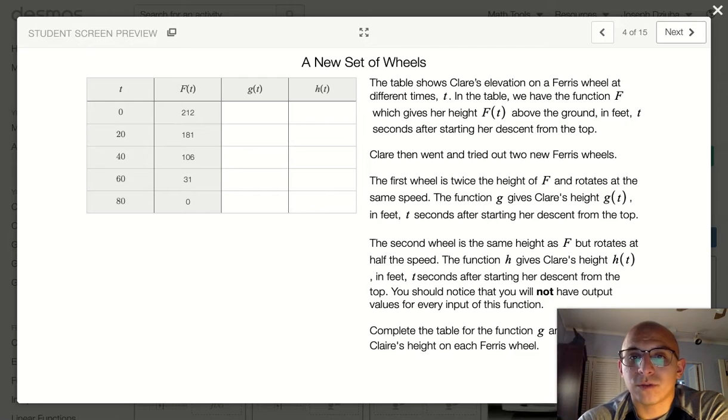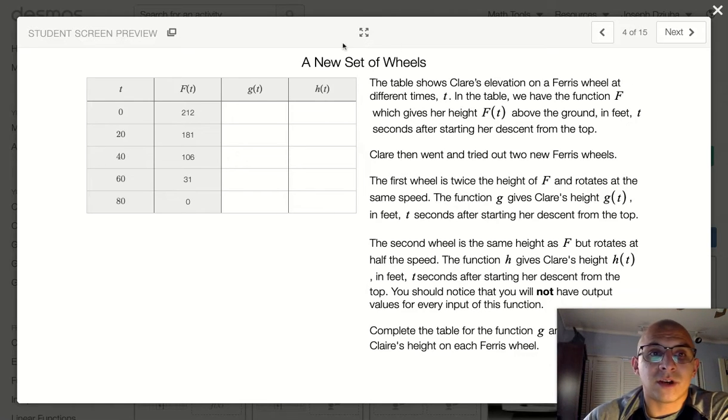Now, with a Ferris wheel, it has a circular behavior, right? So assuming that our person is at the tip top of the Ferris wheel, this is their descent from the maximum value of the Ferris wheel. After 80 seconds, they are at ground level and can exit the ride.